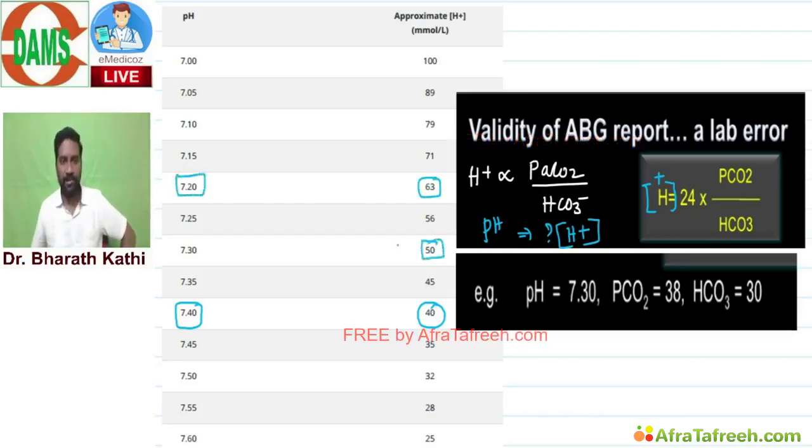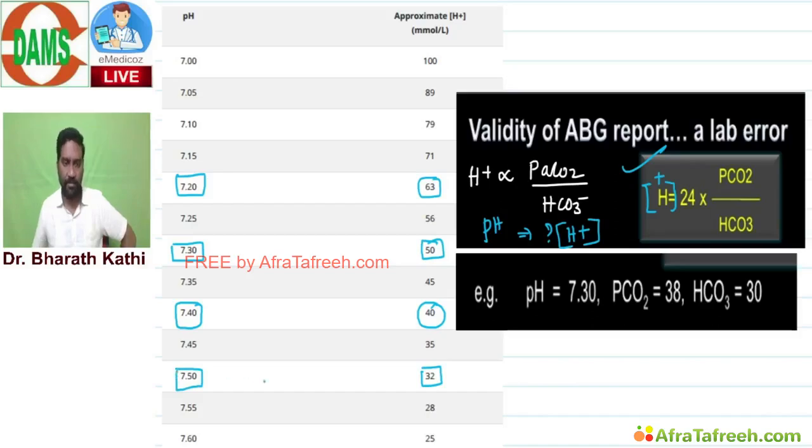If it is 50, pH should be about 7.30. Both should correlate. If H+ concentration, after calculating with this formula, is 32, the pH value should be 7.50. If both are correlating, it means it is a correct ABG.